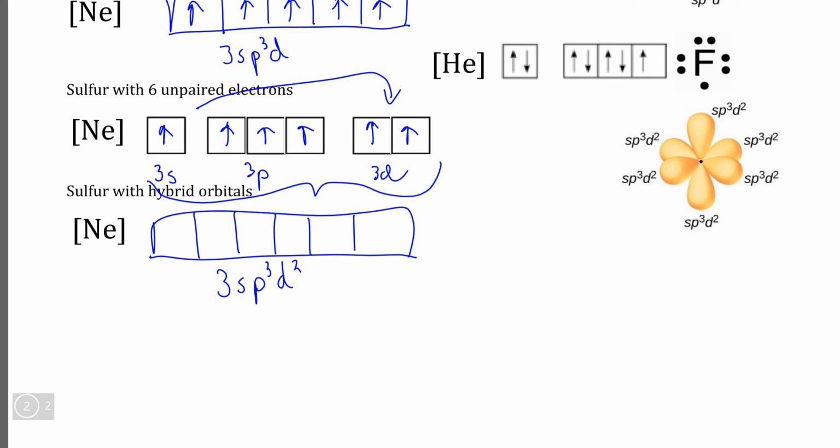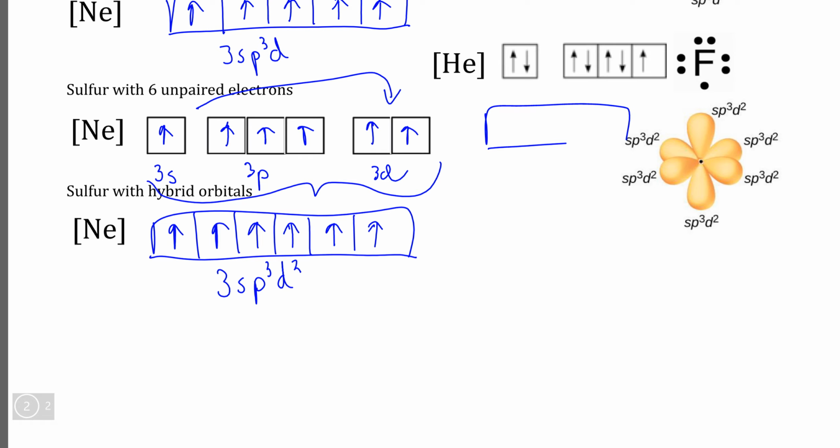3sp3d2 subshell, because again, we're combining the 3s orbital, all 3 of its 3p orbitals, and 2 orbitals from its 3d subshell, and this allows all 6 of its valence electrons to exist at the same energy level without violating the Aufbau principle.